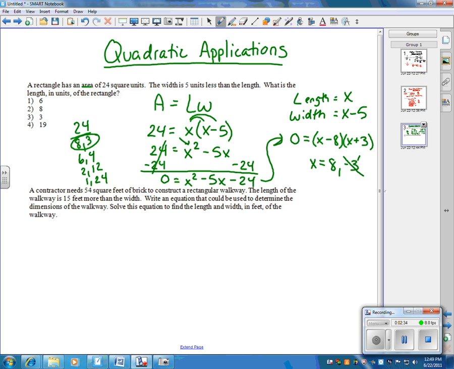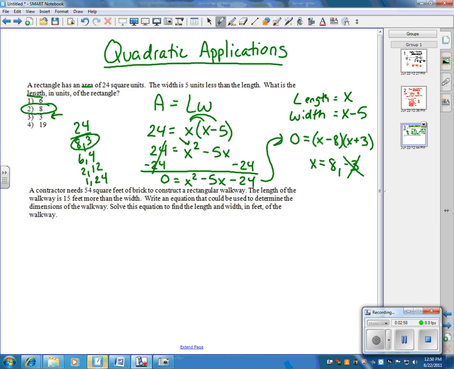Now it can't be negative 3 because we can't have a measurement as a negative number. So that makes our length 8 and our width 3. But our question says they want the length, so that means for that answer we're going to have 8. But also notice that they have 3 there staring you in the face.